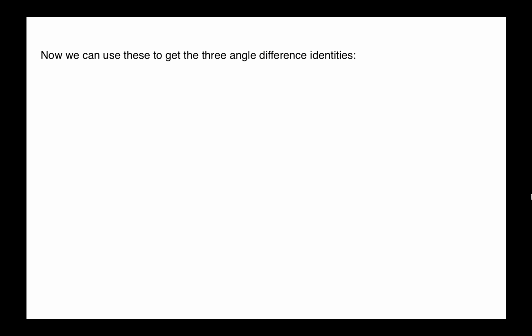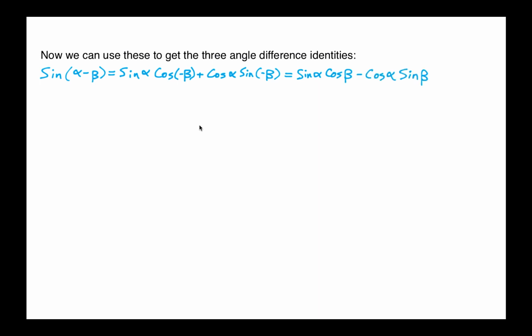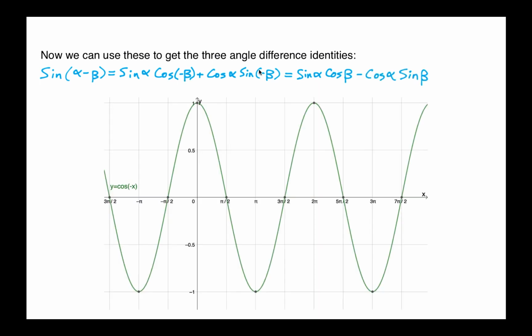All right, now we can use these to get the three angle difference identities. So sine of alpha minus beta is sine alpha cosine negative beta plus cosine alpha sine negative beta. Well, if you take the cosine of negative beta, you actually get the identical thing as cosine of beta due to the symmetry of the cosine function about the y-axis.